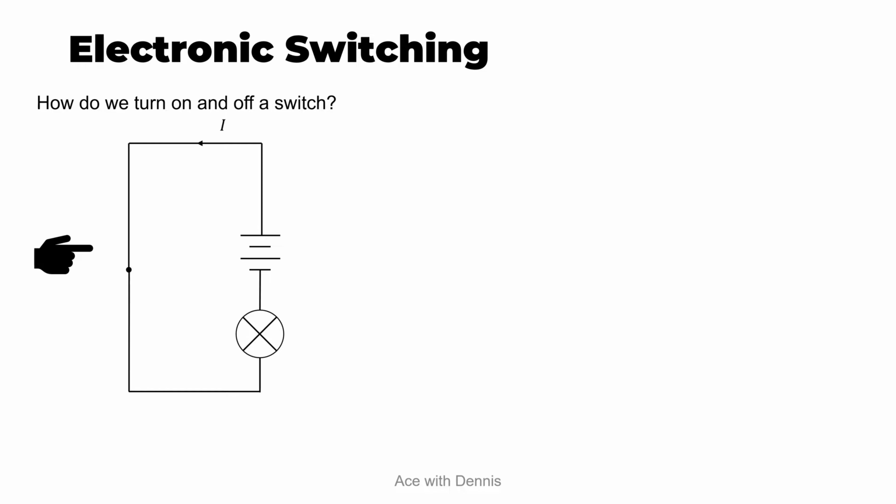Now, the current can flow from the positive terminal of the battery, pass through the switch, then light up the light bulb, and then flow back to the negative terminal of the battery. Hence, external force, which is our finger, is applied on the switch to turn it on or off.